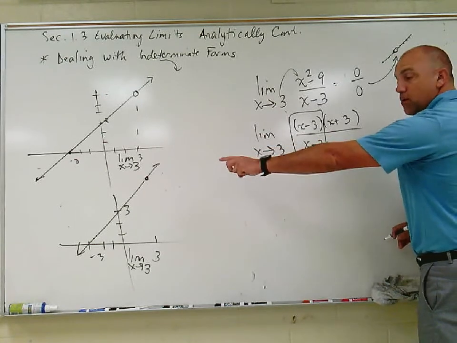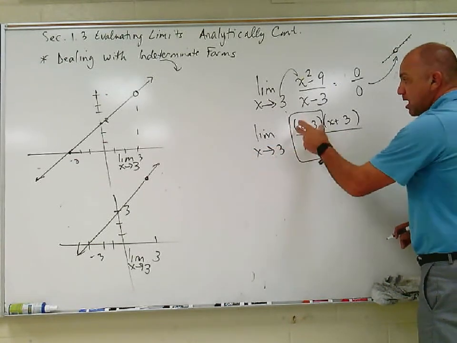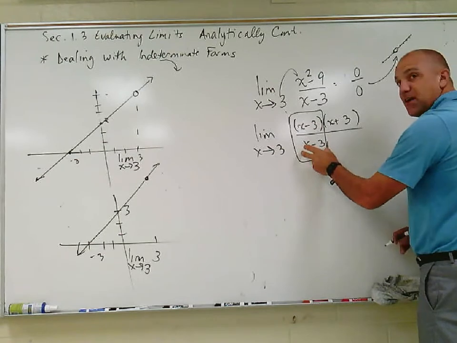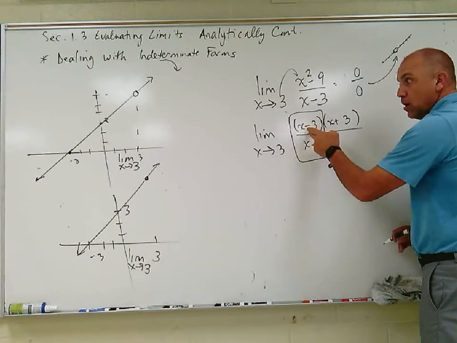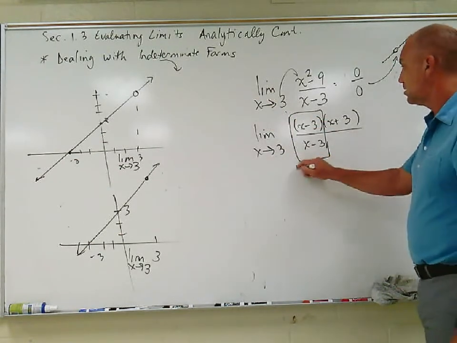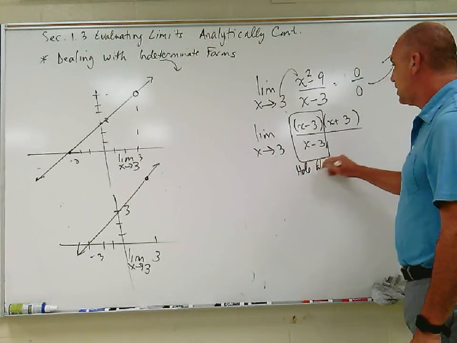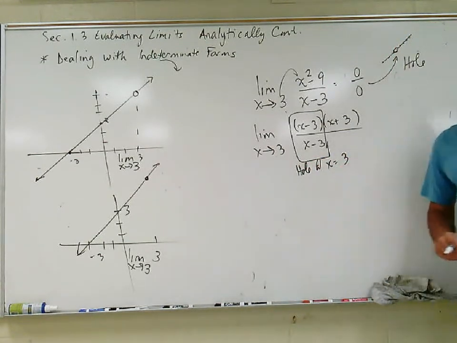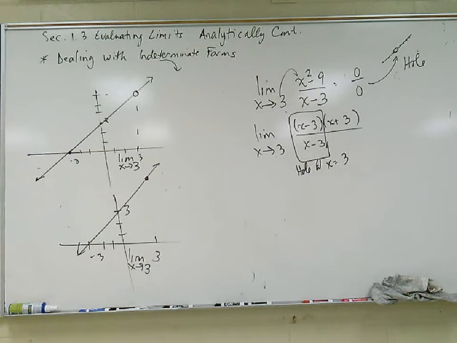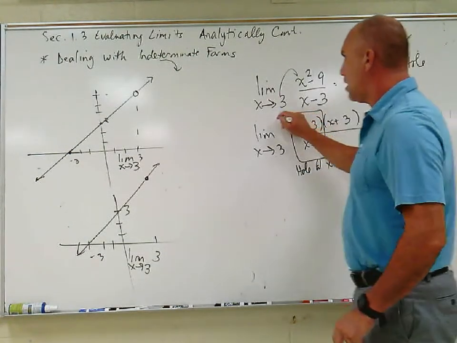And that is what represents the hole. So anytime you have a factor in the top and the same factor in the bottom that can produce 0, it's going to create a hole in the graph. This is telling us we have a hole at x equals 3. So right now, when I have this equation here, I have this picture.